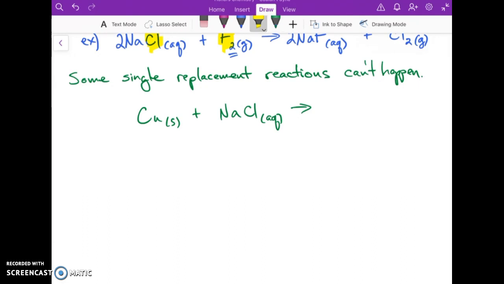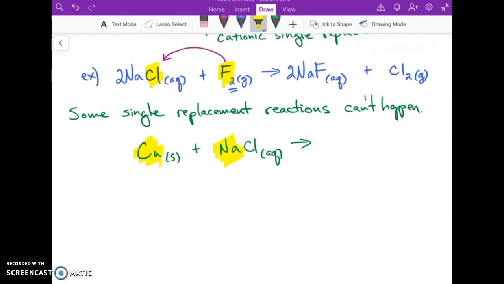And the reason it's a no reaction is if we look at what should happen, the copper and the sodium are both metals. So this is cationic single replacement, which reminds me I should have labeled this one up above. This was supposed to be labeled anionic single replacement when we had the 2 halogens replacing one another.